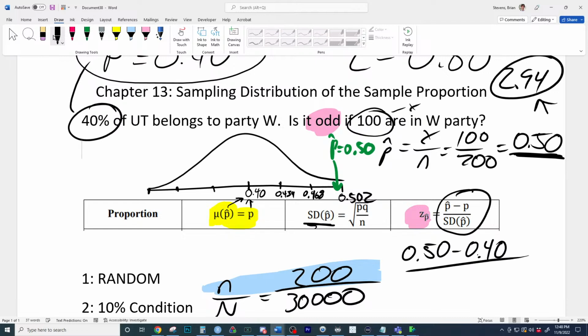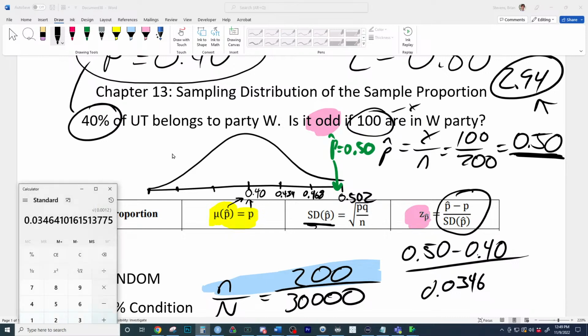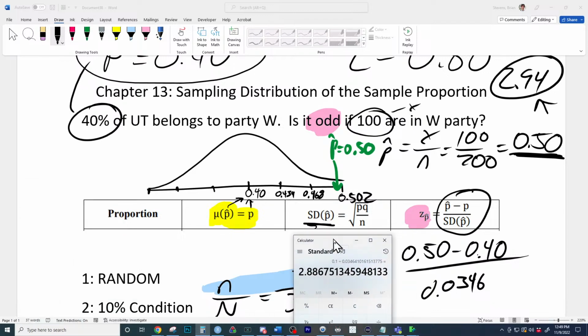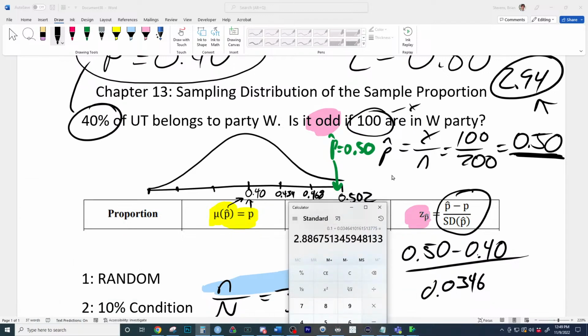Then we divide by the standard deviation, which was 0.0346, I think, or something like that. And then we have a 0.10 difference, divide by that. And there it is right there, 2.89. Great job. That's just the Z-score for how many standard deviations, and that's our drawing.